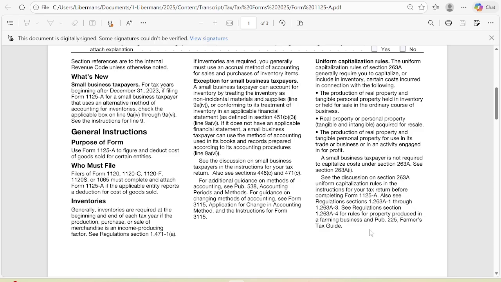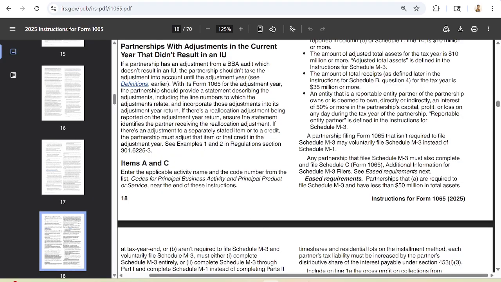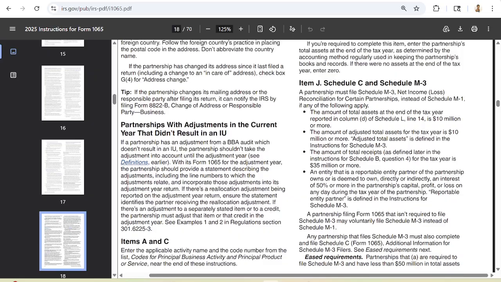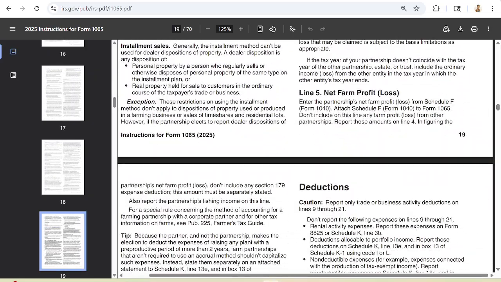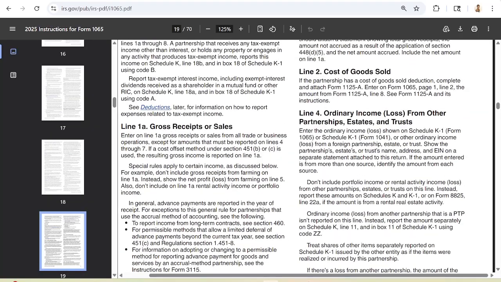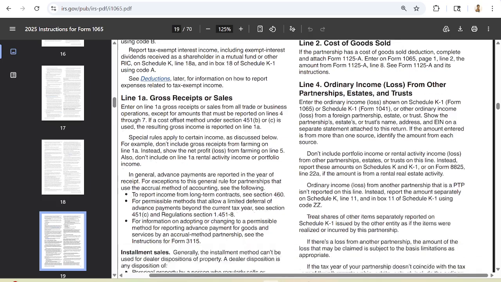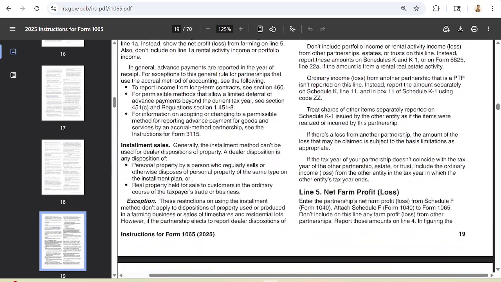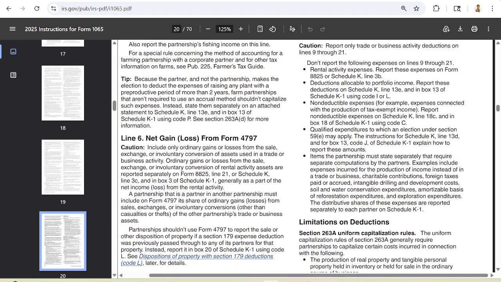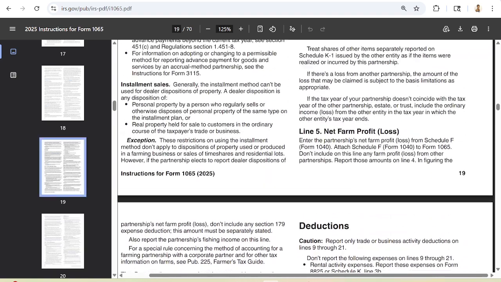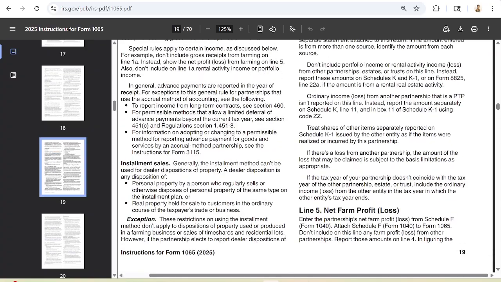And then they have this here. So that means it should be in the instructions, it should be in this area they are talking about, but so far I'm not seeing much of it. Well, pretty much it's about capitalizing costs here.